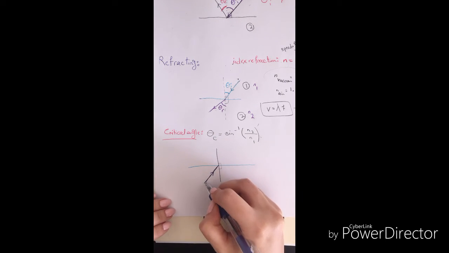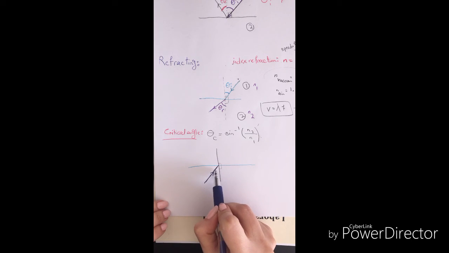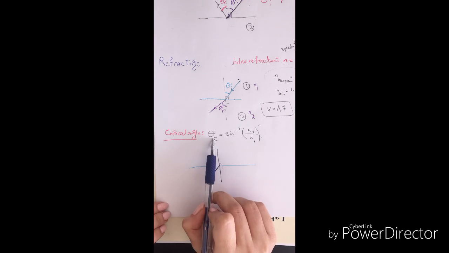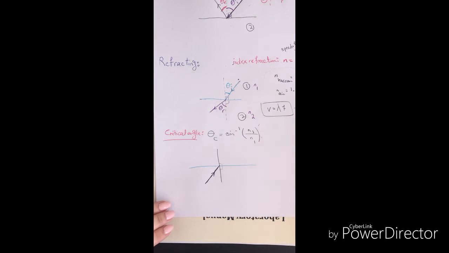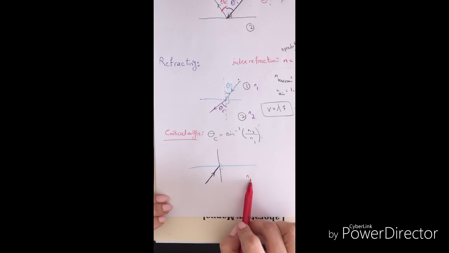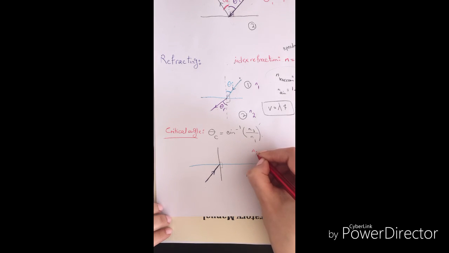Now, if the angle of the initial ray with respect to the vertical axis equals the critical angle, in this case, n1 is the index of refraction for the surface which the initial ray hits, and n2 is the index of refraction for the surface into which the ray is refracted.